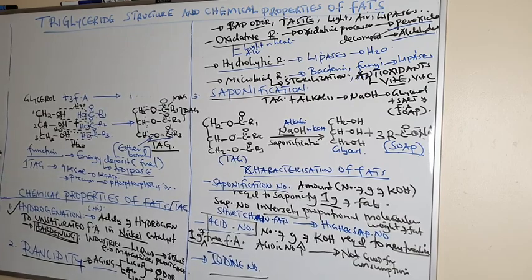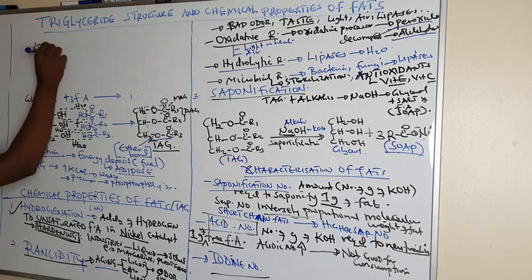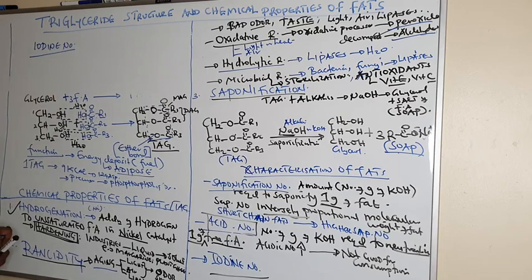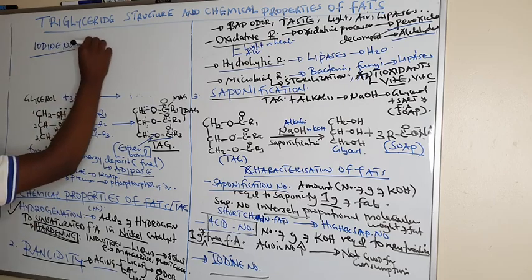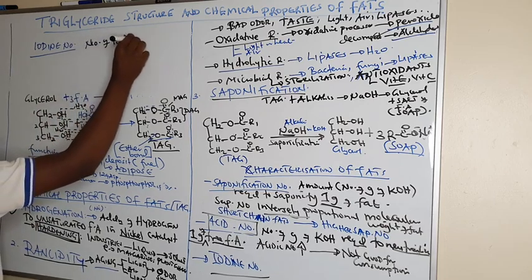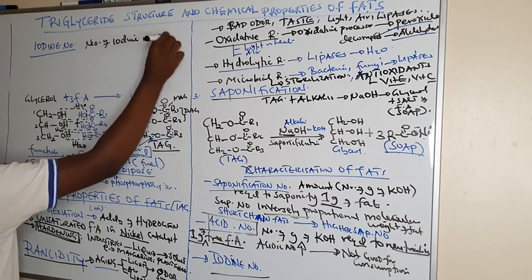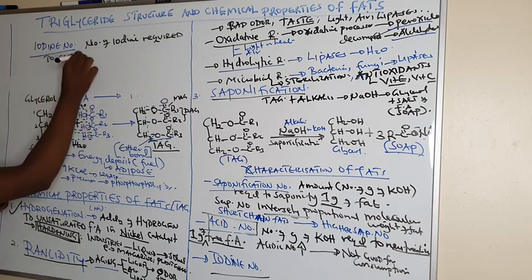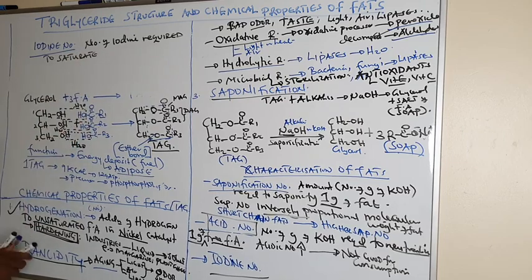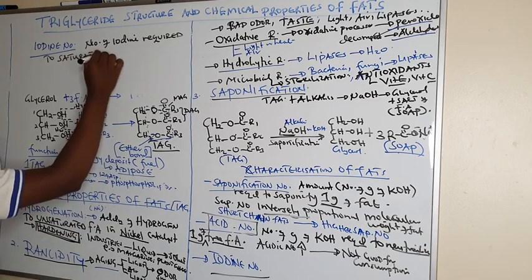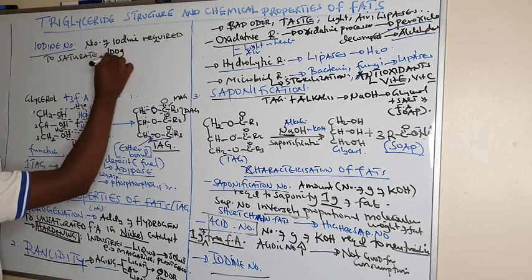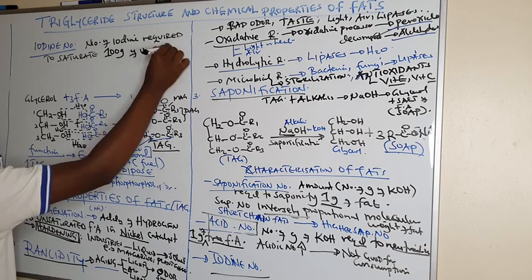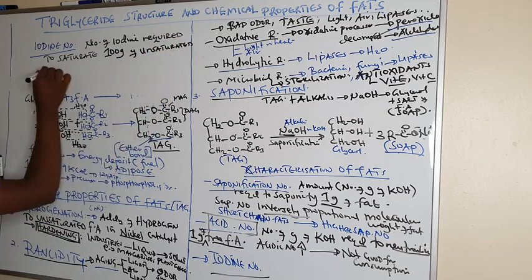The iodine number here is the amount of iodine which is required to saturate 100 grams of unsaturated fatty acid.